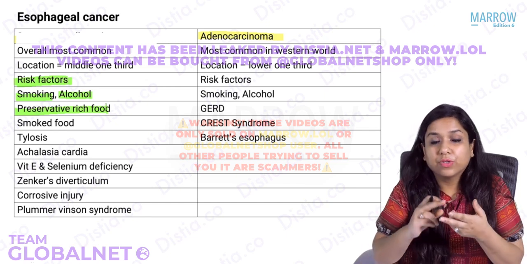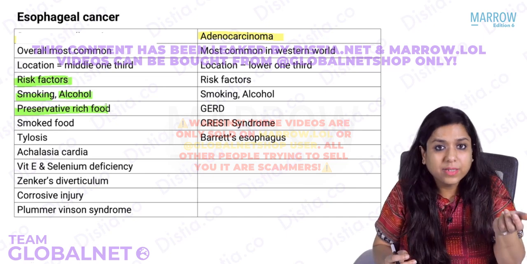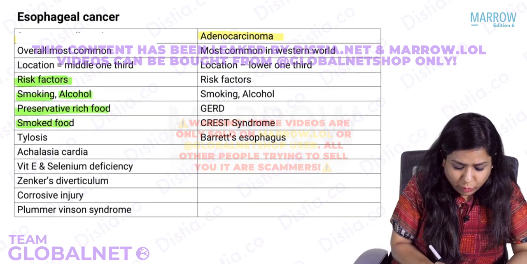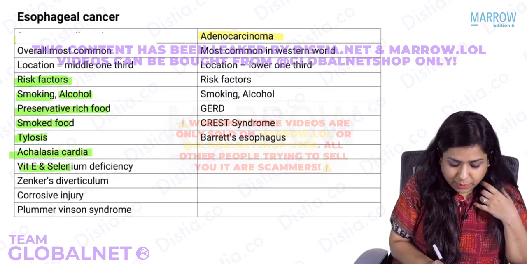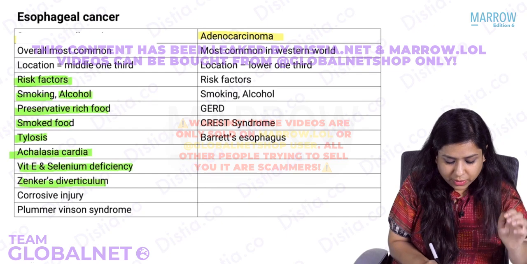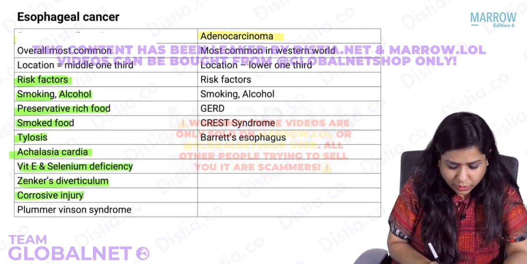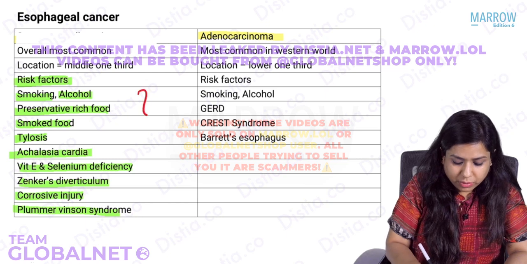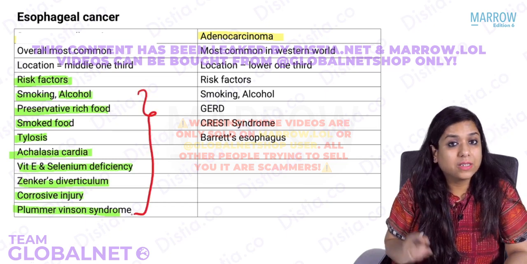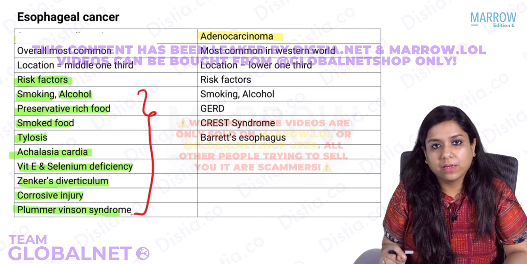That is why the incidence of esophageal cancer is increasing, right? Smoked food, tylosis palmaris, achalasia cardia, vitamin E and selenium deficiency, Zenker's diverticulum, corrosive injury, and Plummer-Vinson syndrome. These are the important risk factors for esophageal cancer, squamous cell carcinoma type.